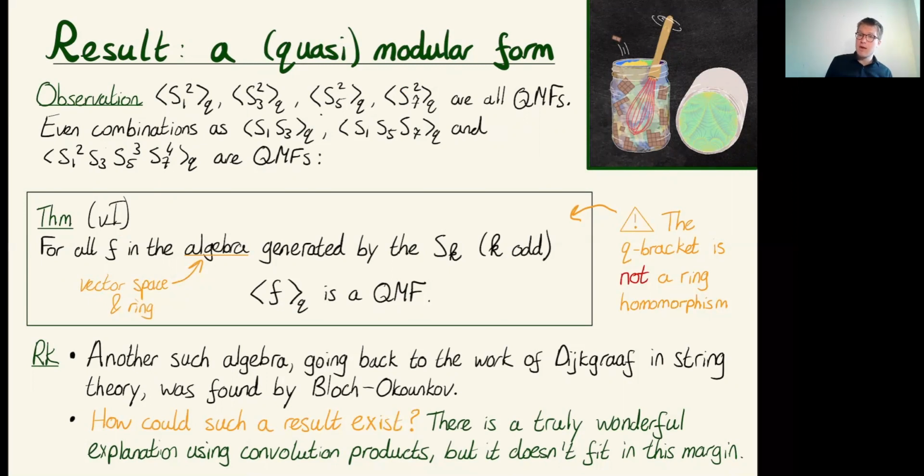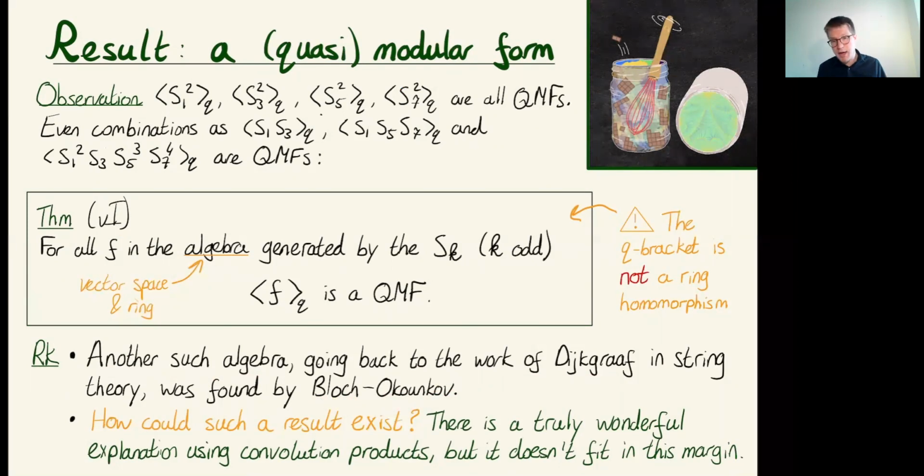And what is in fact even more surprising is that it's not the only such example, but there's also another such algebra, which goes back to the work of Robert Dijkgraaf in string theory, but was later generalized by Bloch and Okounkov. And this other algebra also has the property that for all functions in this algebra, the Q bracket is a quasi-modular form.